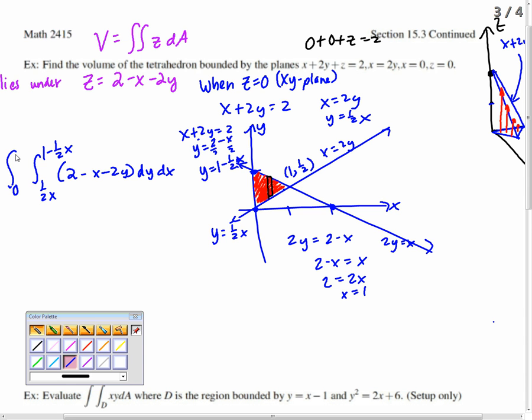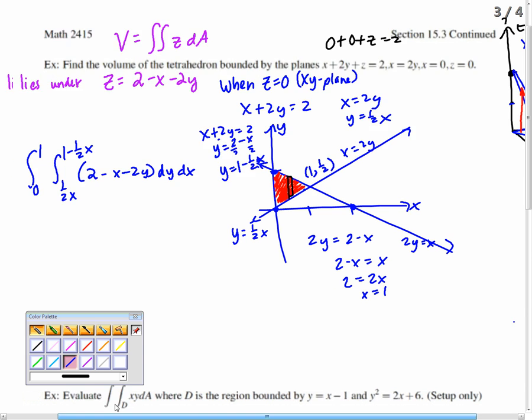I just saw both of them had a 2y in it, so I could set them equal to each other. 2y equals 2 minus x, that's this one, and 2y equals x. So what did I say, 0 to 1? Do you want to integrate this one?